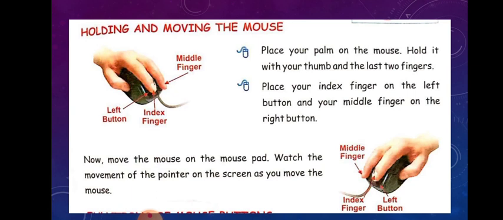The way to hold the mouse properly is shown in the picture. Place your palm on the mouse, hold it with your thumb and the last two fingers, and now place your index finger on the left button and the middle finger on the right button.